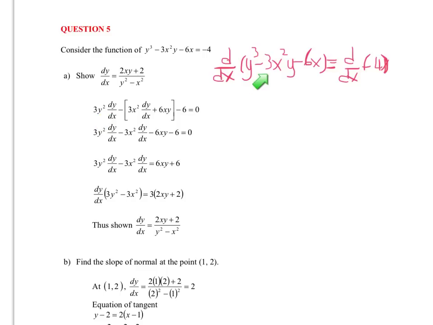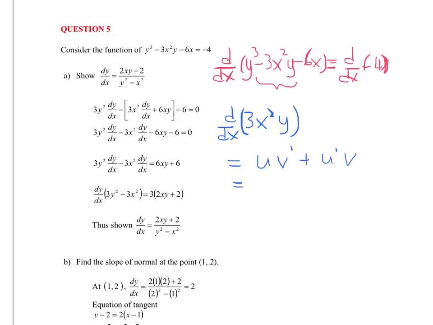And then the next one is the minus, they put here, and 3x squared y is really like a product rule. You can think about 3x squared as your u and your y as your v. So you can see that this is 3x squared times dy/dx plus 6xy. So in case you're not sure what's going on here, the 3x squared y, when you differentiate it implicitly, think of it as your u v prime plus u prime v.